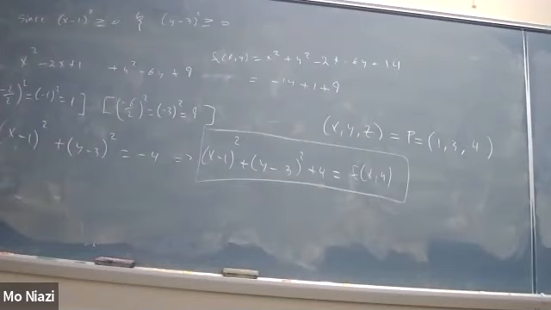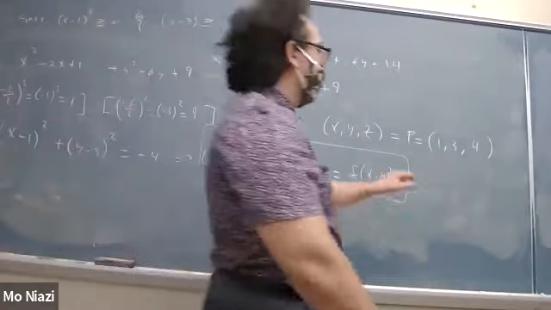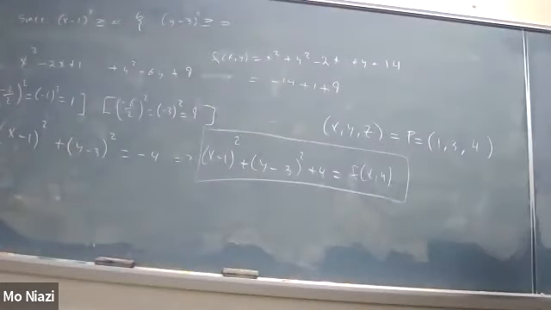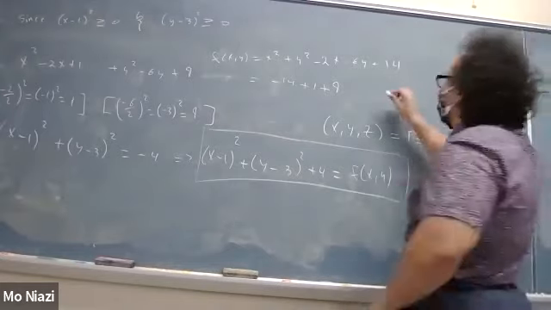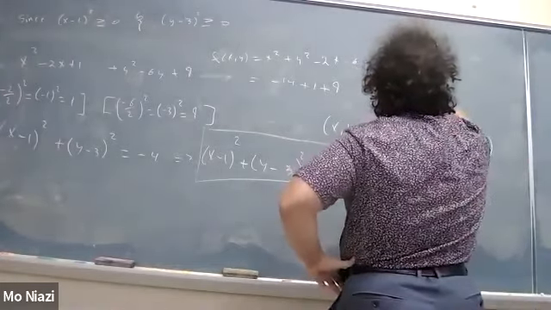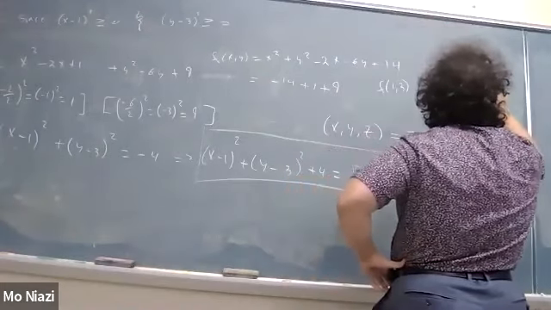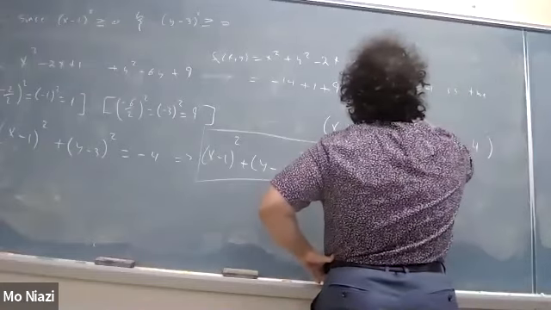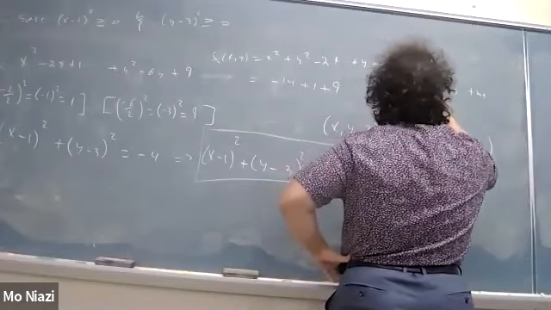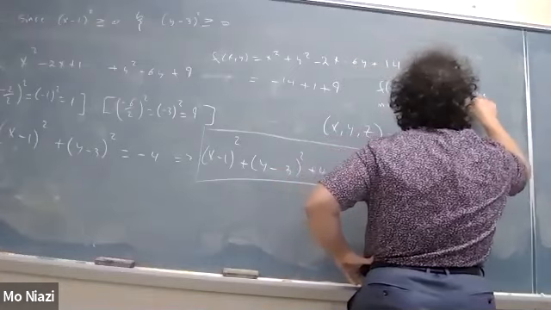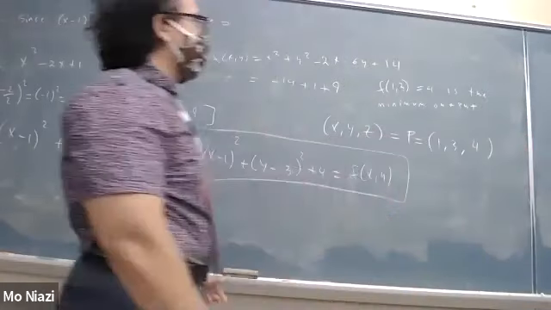Okay. So that means after that point, all of the f of x, y outputs will be greater than that. That 4 is the smallest value you can have. What I'm trying to say is f of (1, 3) equaling 4, as we found, is the minimum output. Does that make sense?